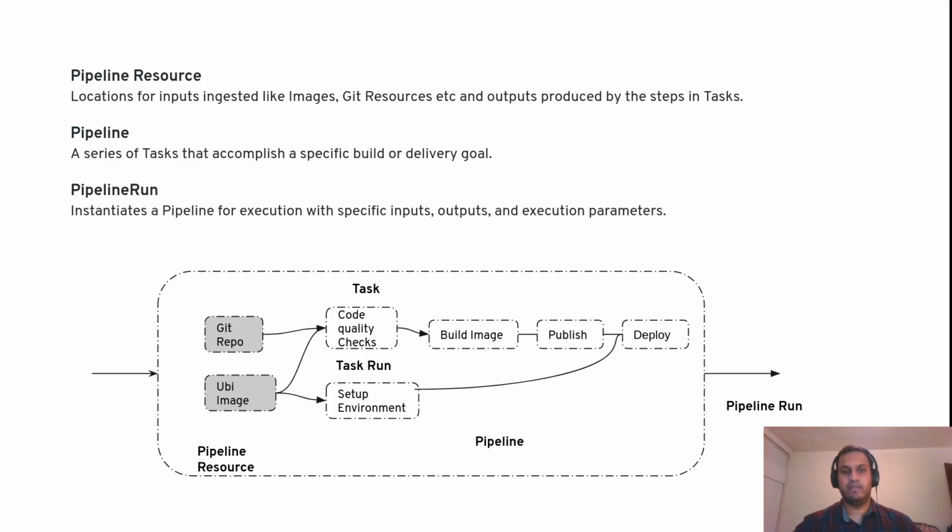The other blocks are describing the tasks, like a code quality check, setup environment, build image, or publish or deploy. This whole figure describes a pipeline, and once we run this pipeline with some inputs, that becomes a pipeline run.